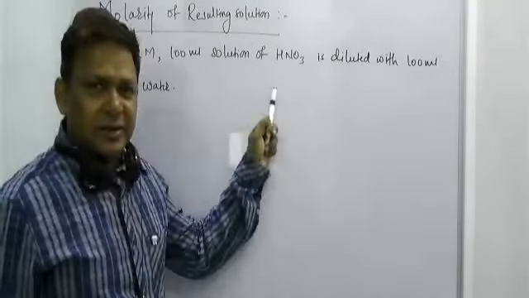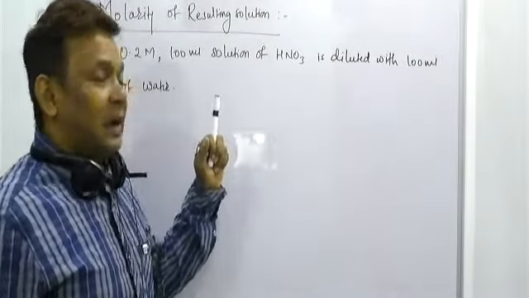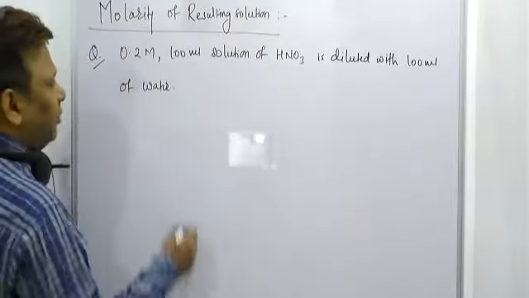So nitric acid is there, the initial concentration is 0.2 molar and 100 ml, and they are asking, now that the solution is diluted with 100 ml of water.